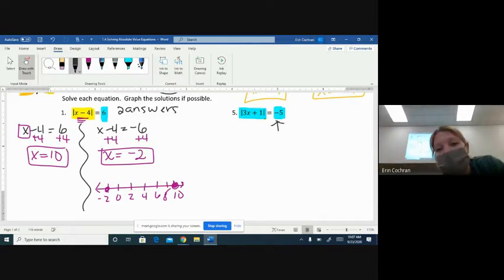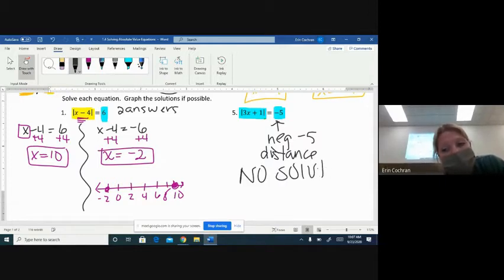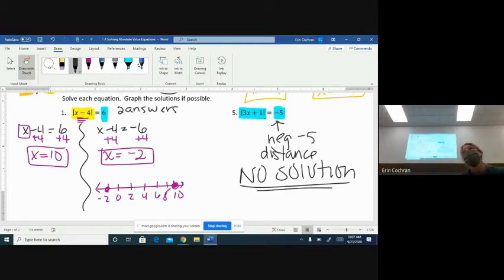Since this is negative, it's supposed to be distance, and we can't take distance, right? So there is no solution. So do we have anything to solve here? Nope. Okay. Now to graph, I'll just show you to graph a no solution. Just put numbers on your number line, and you put absolutely nothing on it. That means no solution. Yes, ma'am.